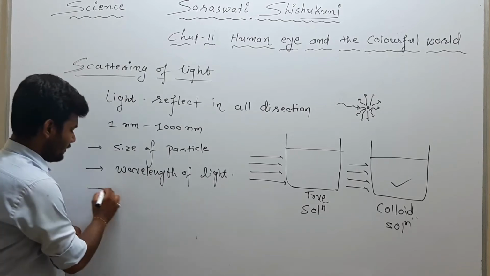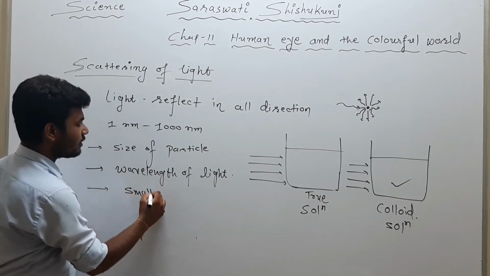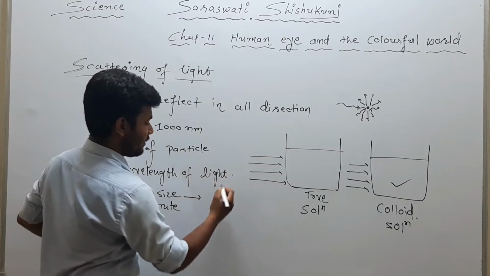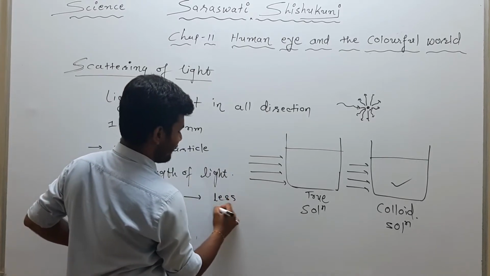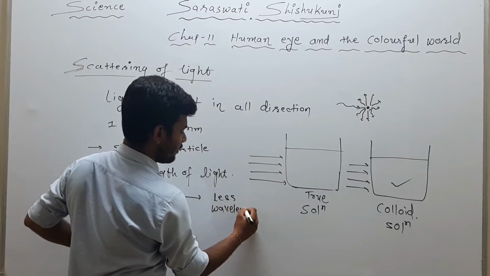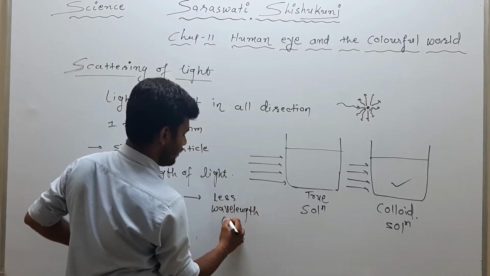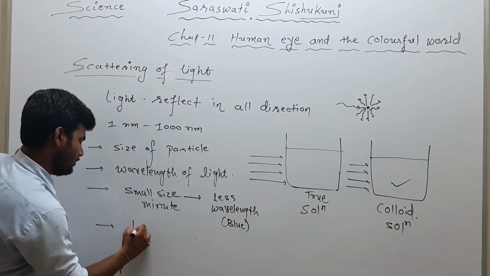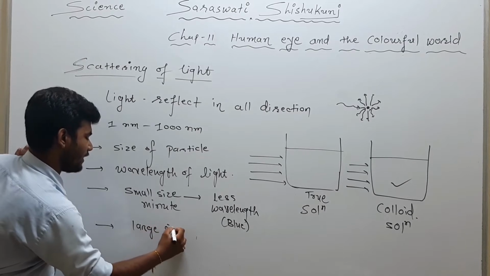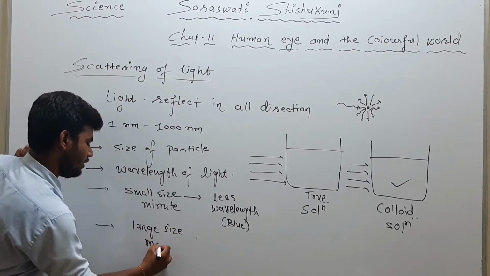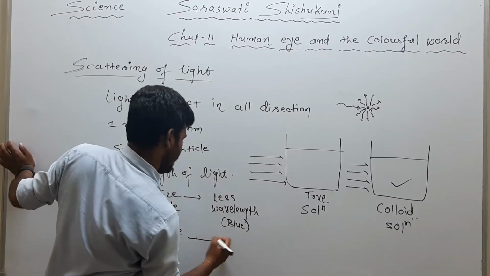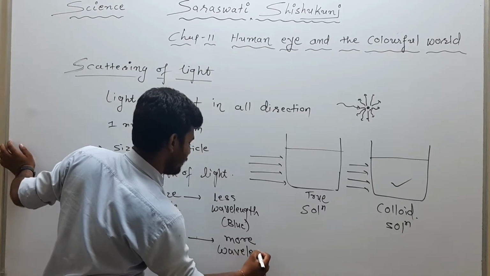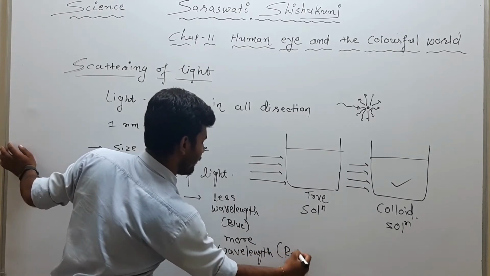We can say that small size or minute particles will scatter the lesser wavelength, like blue color more, and the large size particles, which are also called macro particles, will scatter the light of more wavelength, like red.